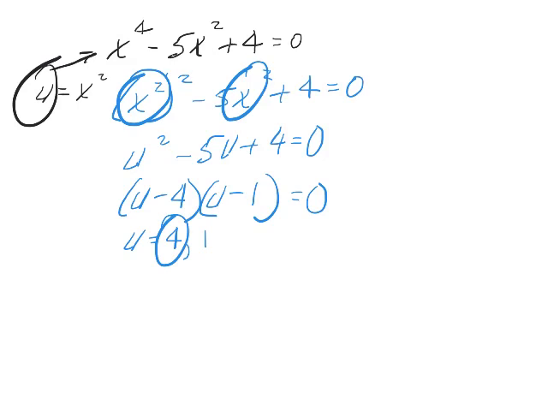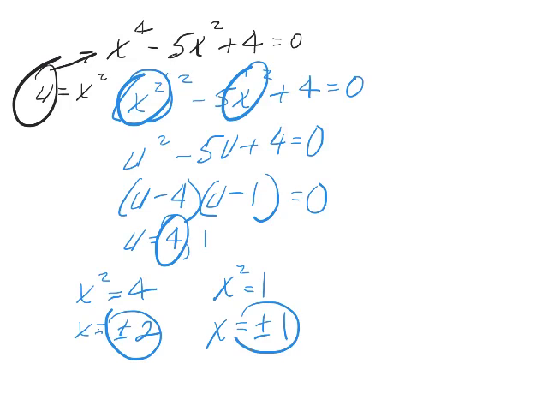So if x squared equals u, x squared equals 4, or x squared equals 1. So x equals plus or minus the square root of 4, which is 2, or x equals plus or minus the square root of 1, which is 1.